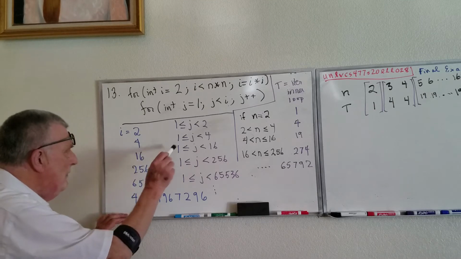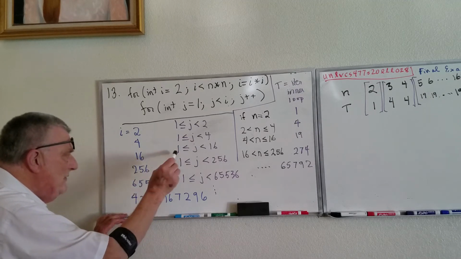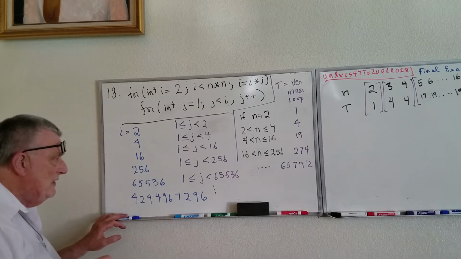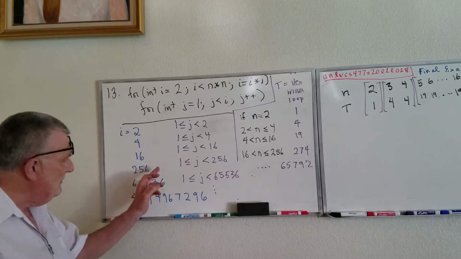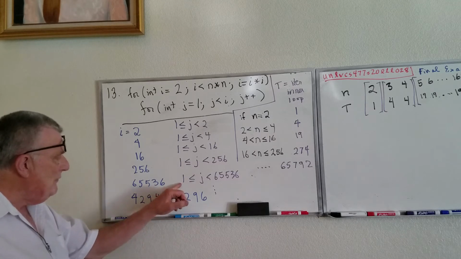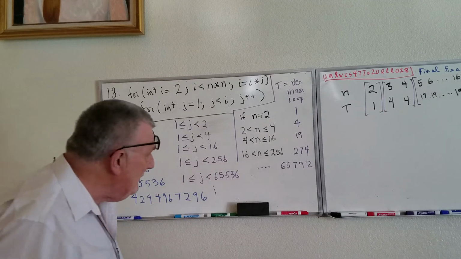If I is 4, you get 1, 2, and 3. If I is 16, j could be 1 through 15. And similarly, if I is 256, it's 1 through 255. And of course, we could keep going, but then we're going to run out of board space.